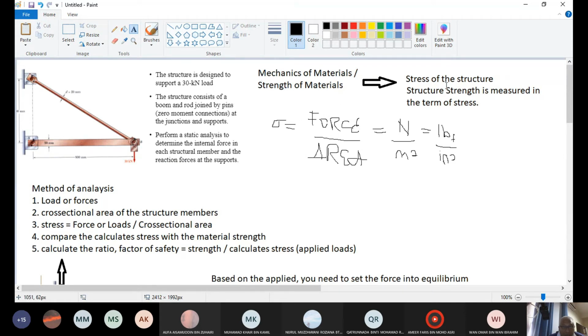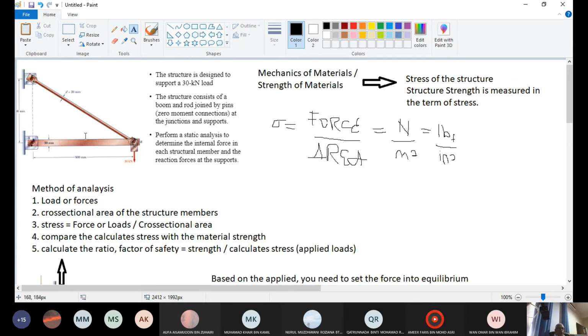What we need to do is find the stress in the structure member. Why do we need to find the stress? Because the strength of this member depends on how much stress is put in here by the load 30 kilonewton and how much this material can take.